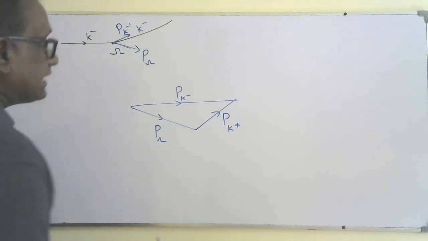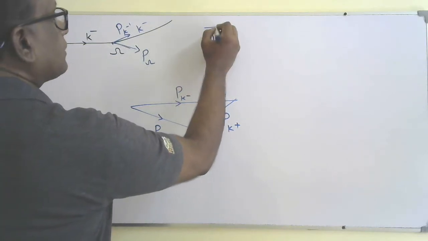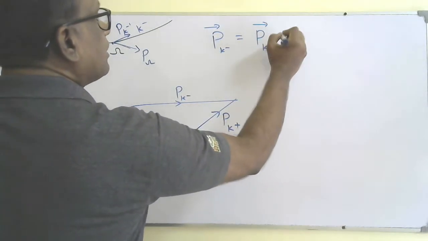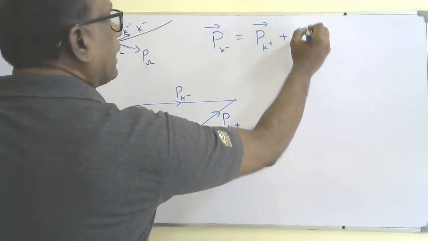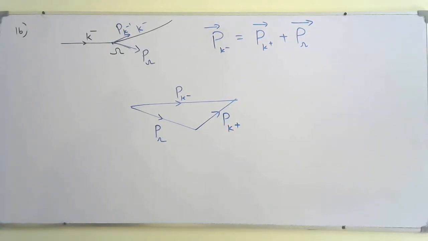In terms of vectors, I can write the momentum of K minus is equal to the momentum of K plus plus the momentum of omega. You can write it this way to conserve the total momentum in terms of vectors.